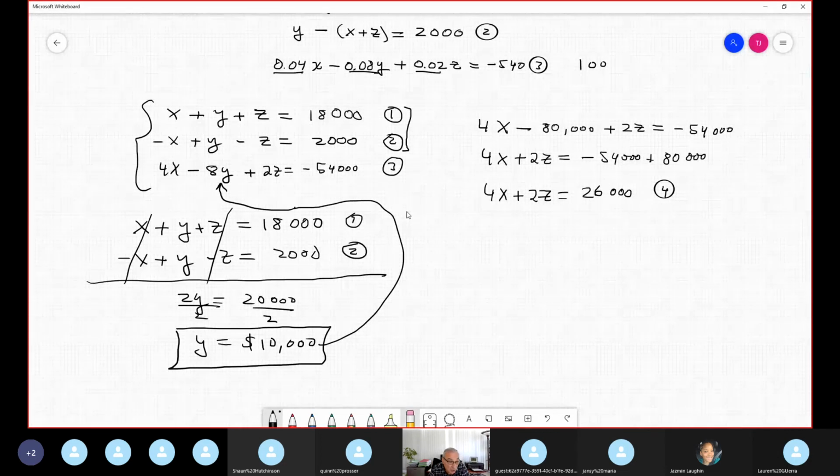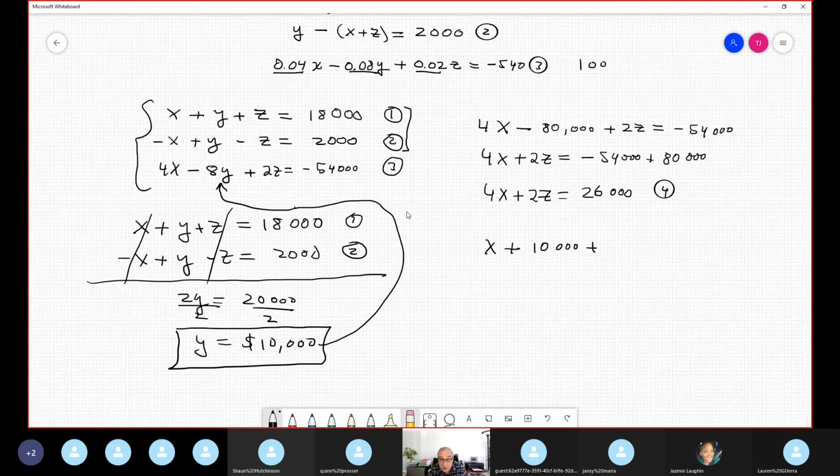In the first equation, x plus 10,000, because remember y is 10,000, plus z equals 18,000. So x plus z is equal to 8,000, because 18 minus 10 is 8,000.